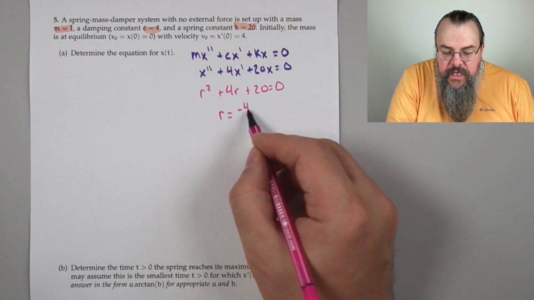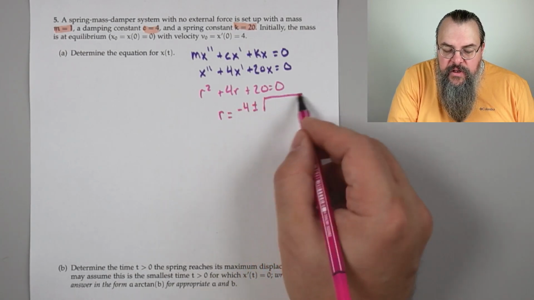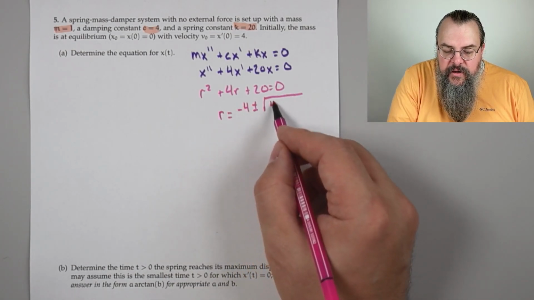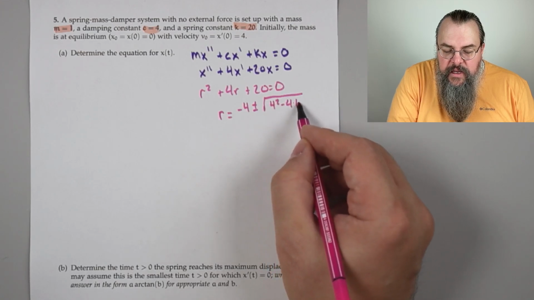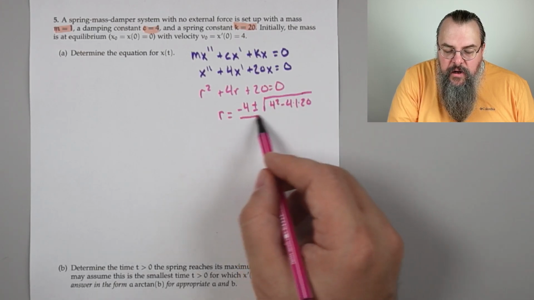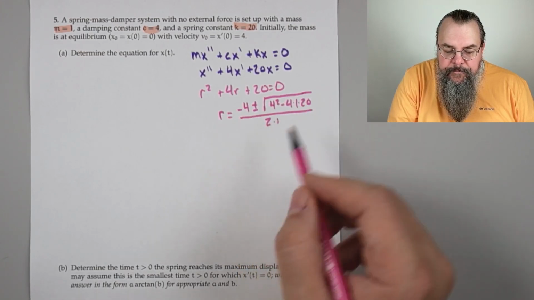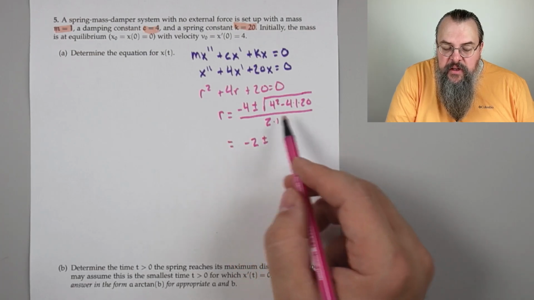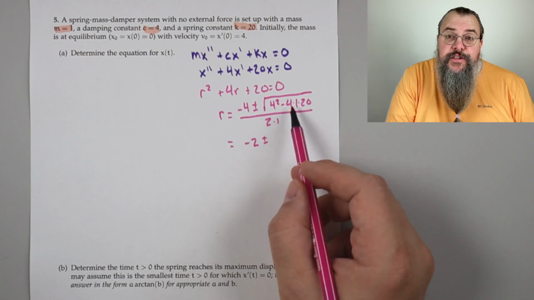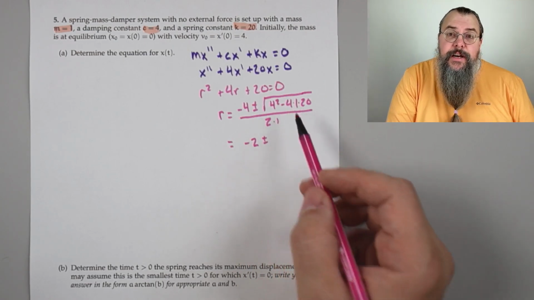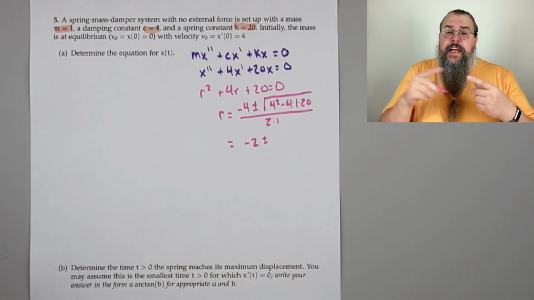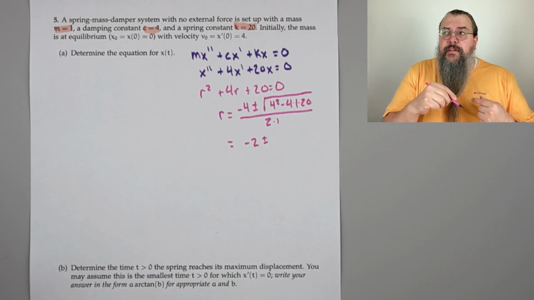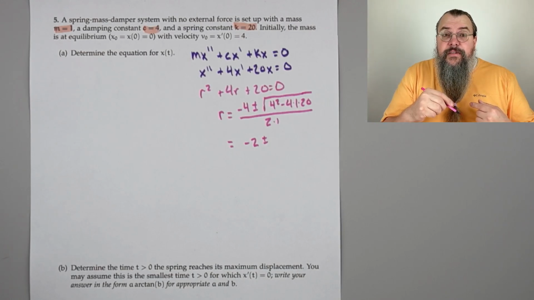So negative b plus minus square root b squared minus 4ac all over 2a. So that makes negative 2 plus minus. Now here we have 16 subtract 80. Now that might sound hard. Think of it the other way around. 80 subtract 16 is a little bit easier to do. That's 64.